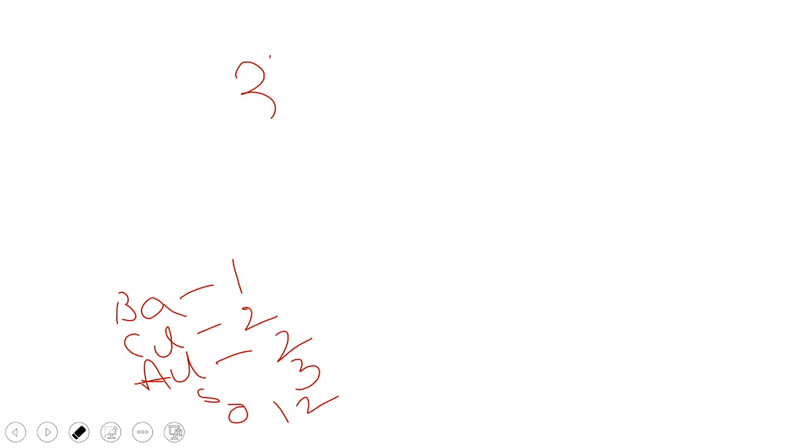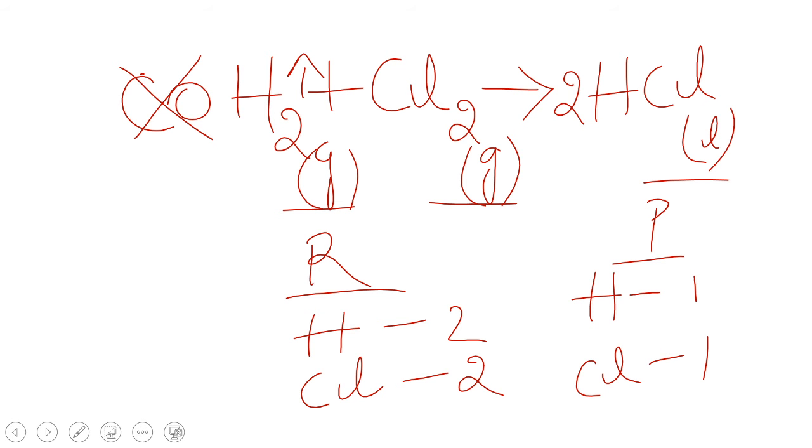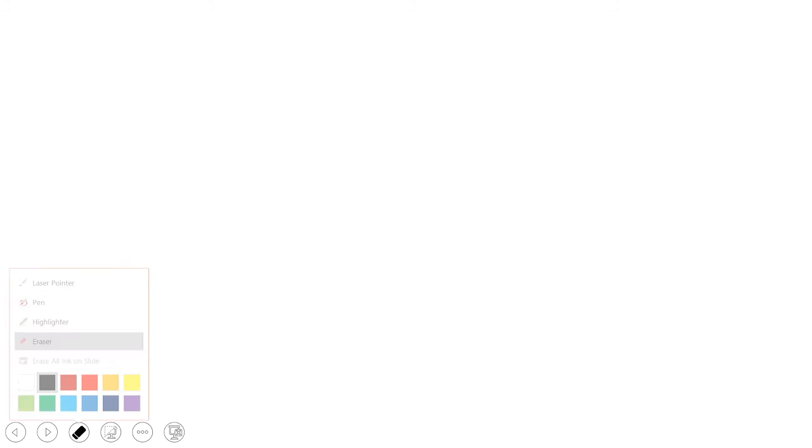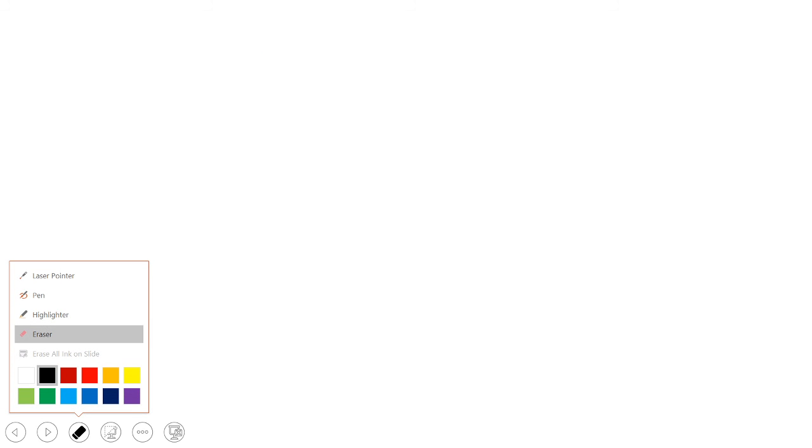So we have to balance the equation and we have to show the physical states of the reactants and products also, right? So it's not coming, I don't know why. Erase all ink on slide. Very good, it's removed. Okay, so again I will take a pen and I'll write.